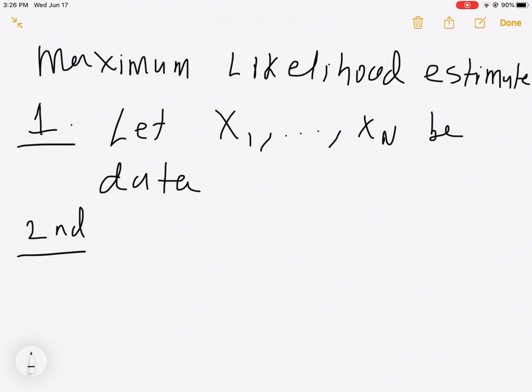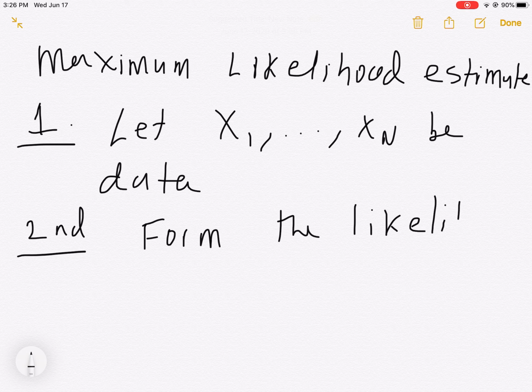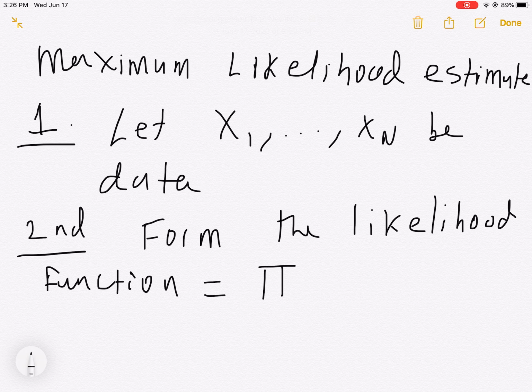Second, form the likelihood function. This is going to be the product from i equals 1 to n of f of x sub i, comma, theta. And now here's an optional step.